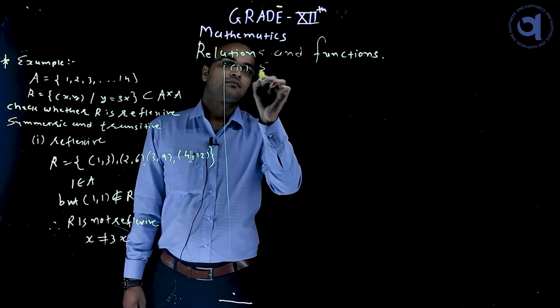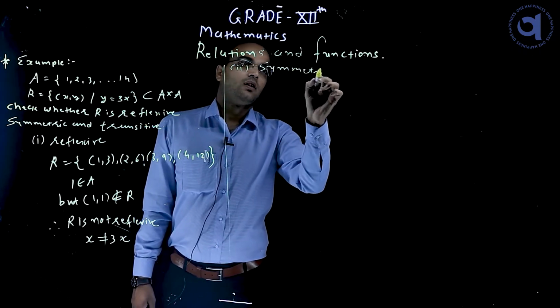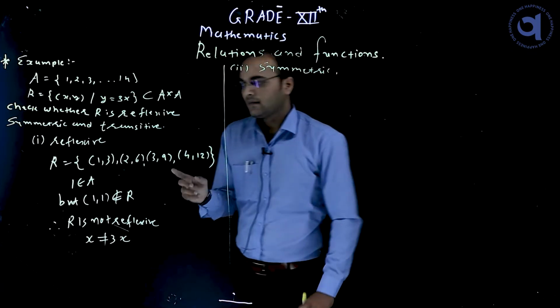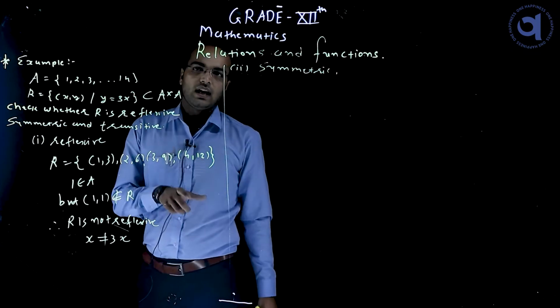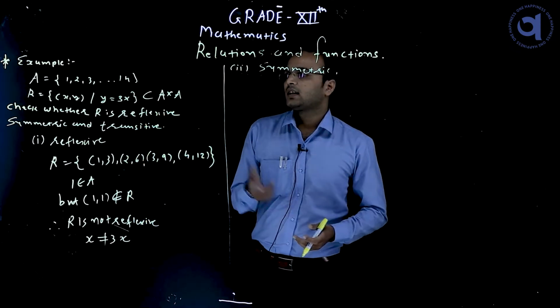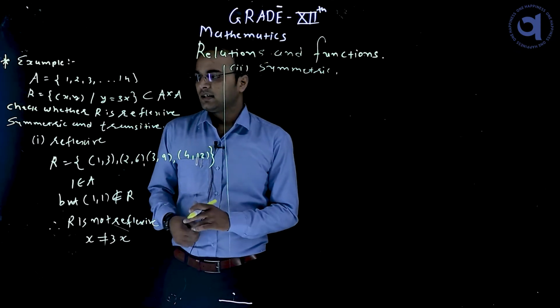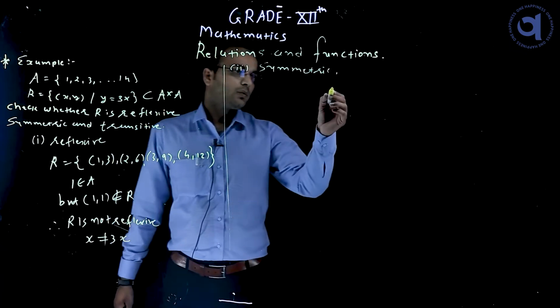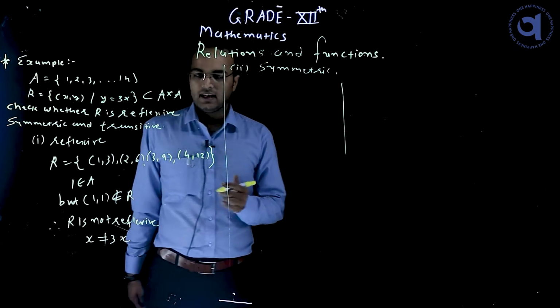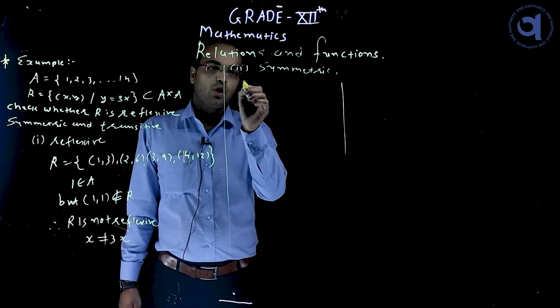And now the second thing is symmetric. Now what is the definition of symmetric? If a comma b belongs to R, then b comma a belongs to R, then we say that the given relation is symmetric. Okay. So first of all, I prove it by a particular example. Consider element 2 comma 6.